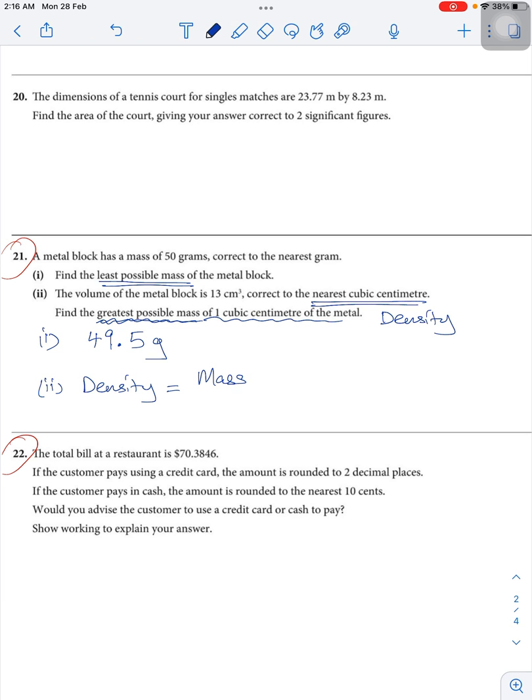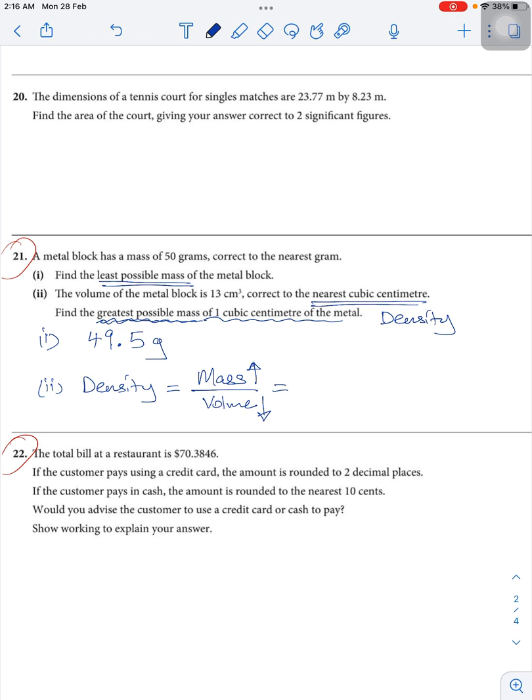Density is mass over volume, but since this must be the greatest possible, the mass would need to be as big as possible, whereas the volume must be as small as possible, so that you eventually get the greatest possible density.